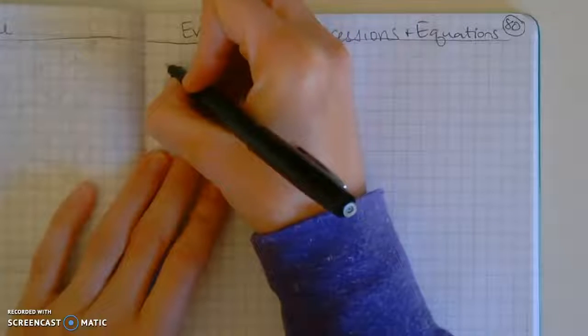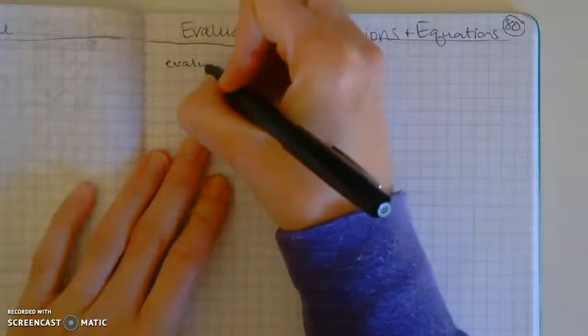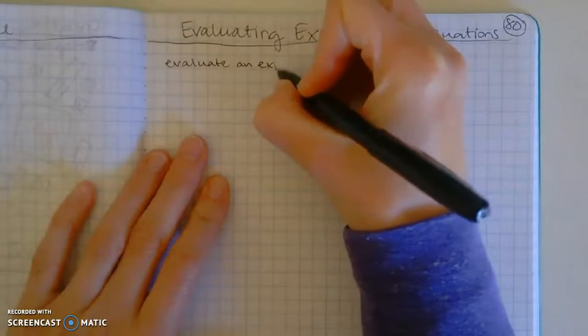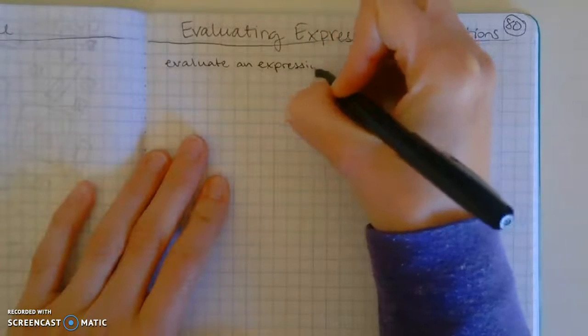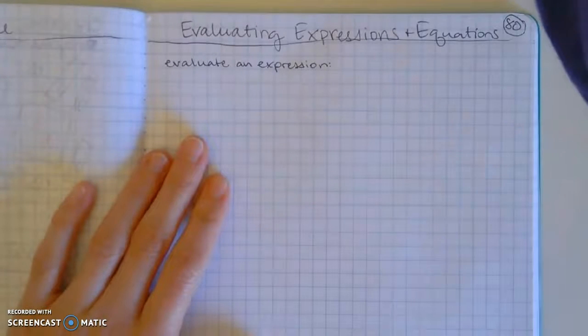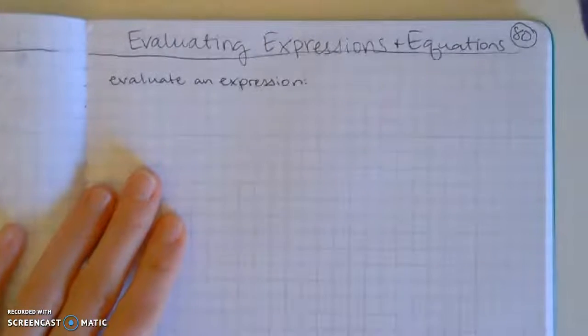So I'm going to just write that here. Evaluate an expression. So when I'm evaluating an expression, and I can already hear some kiddos, zoom in, zoom in.